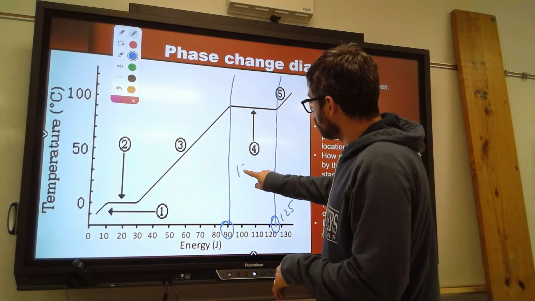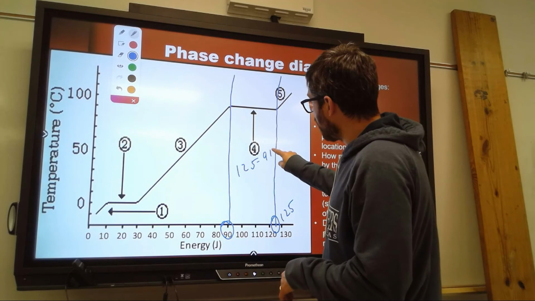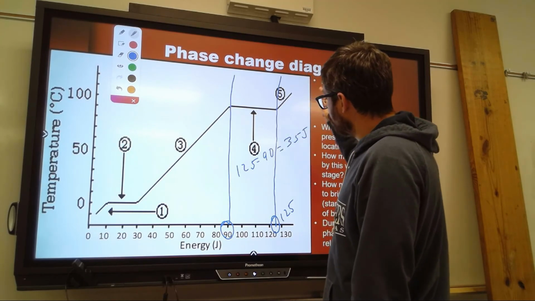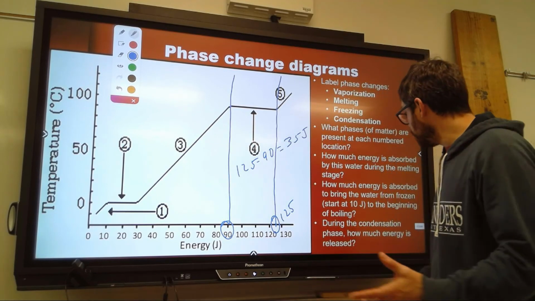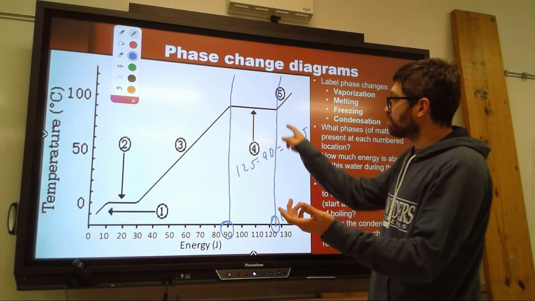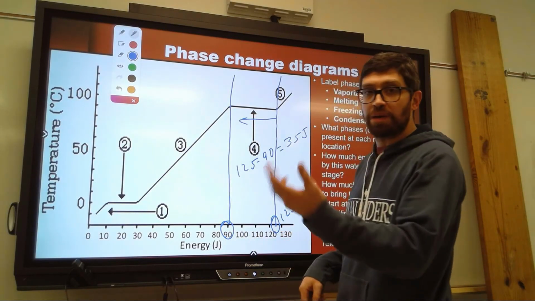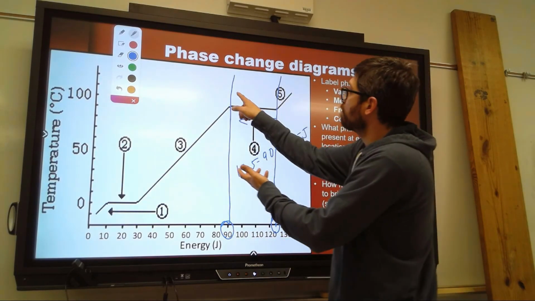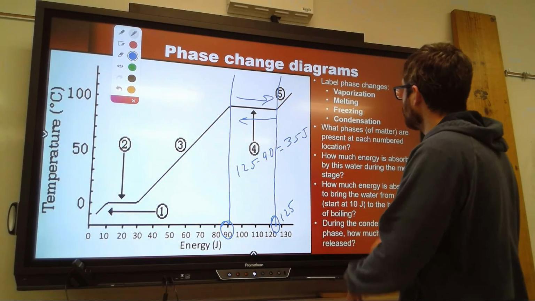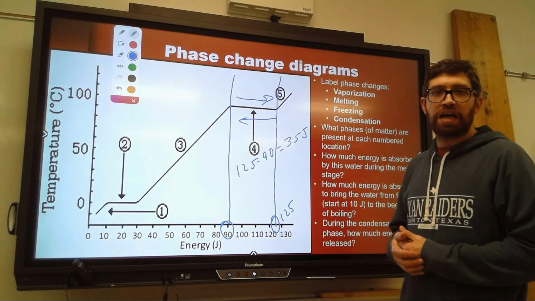So we're going to just simply subtract that. 125 minus 90 gives us 35 joules of energy released to do condensation, because condensation is this direction. If it was vaporization, it'd be the same amount of energy, but the energy gets absorbed to go in the opposite direction. Right? So this is how we need to understand a phase change.